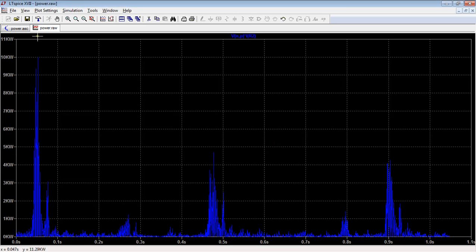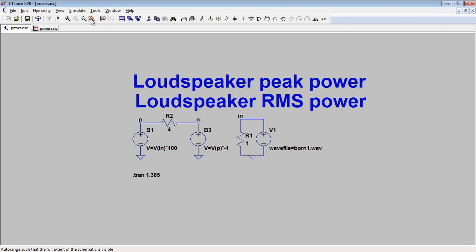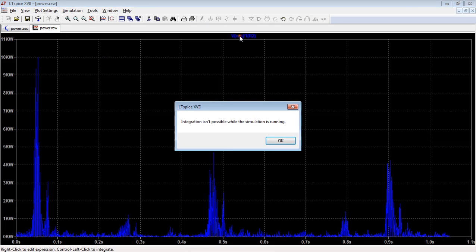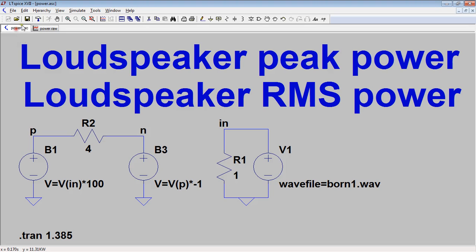Why is that not working? I have to halt the simulator. Hold on, it's not working for some reason. Halt.